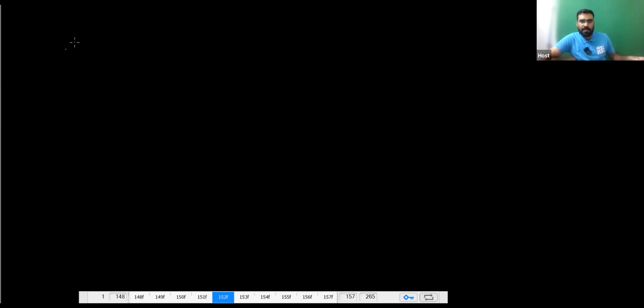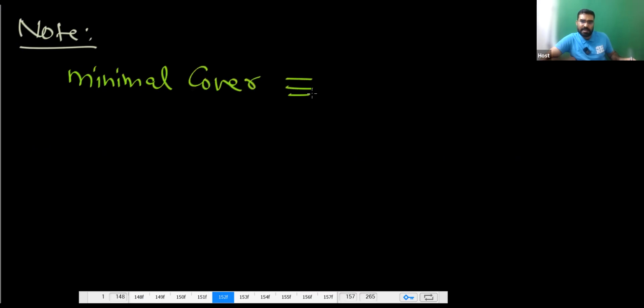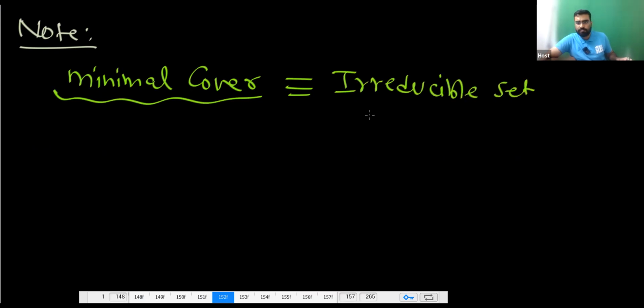First of all, what does minimal cover mean? Whenever you say minimal cover, it simply means an irreducible set of FDs. It has nothing to do with the number of functional dependencies.